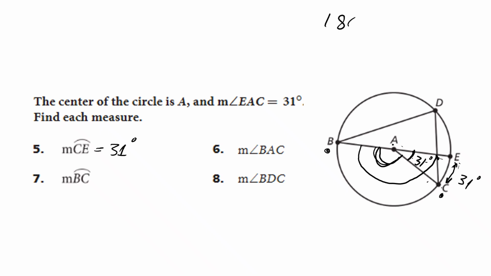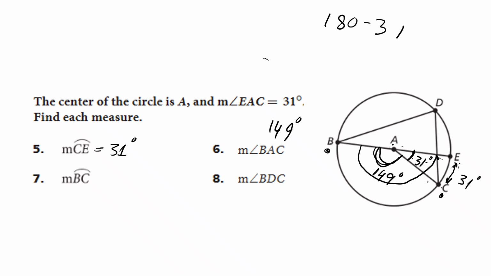Okay, so 180 minus 31. How much do you get? 180 minus 31, make it quickly. 180 minus 31 gives us 149 degree. Okay, so this measurement of this BAC is 149 degree.